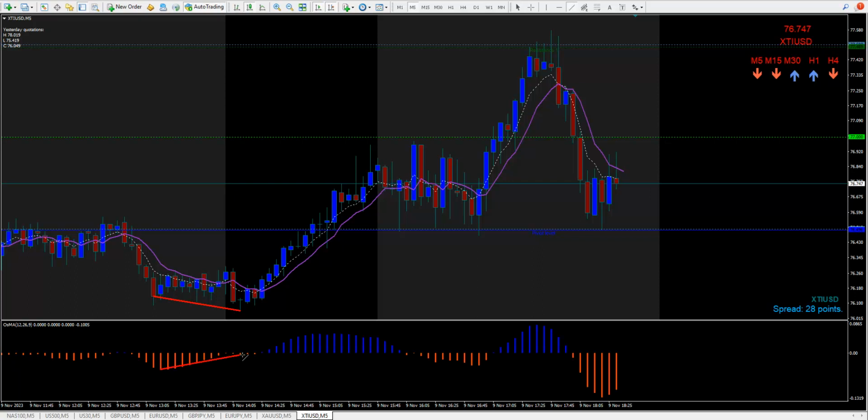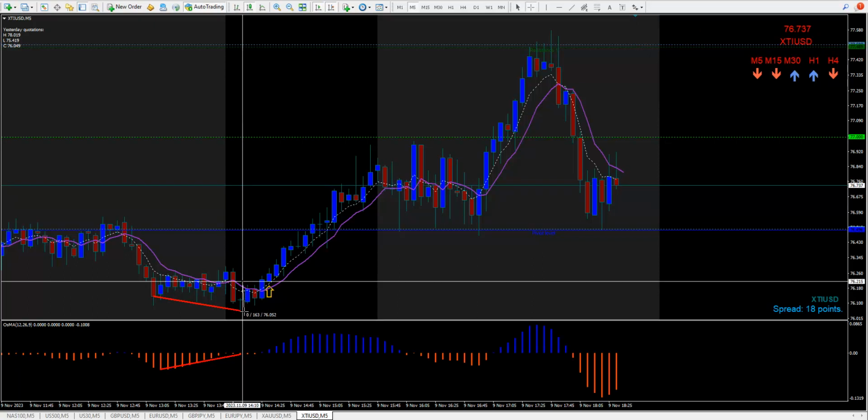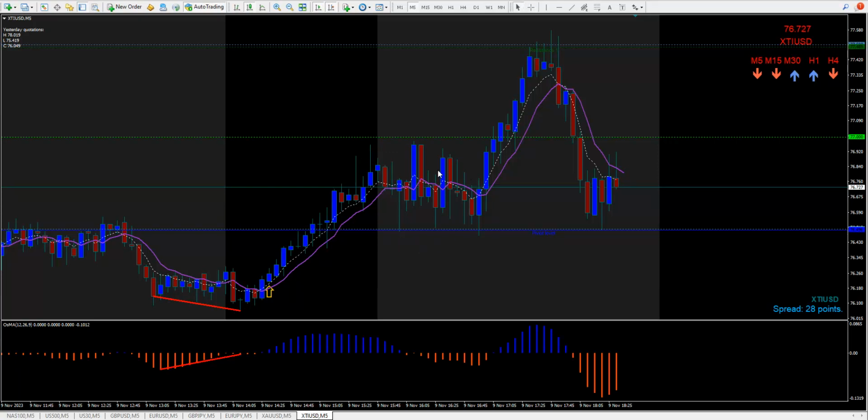Entry would have been right there. 16 pip stop, and it went up 74.